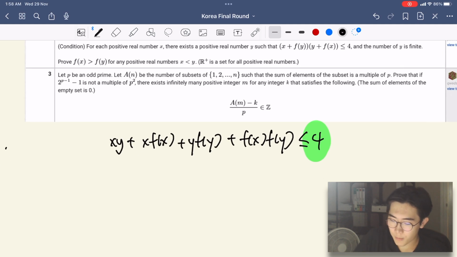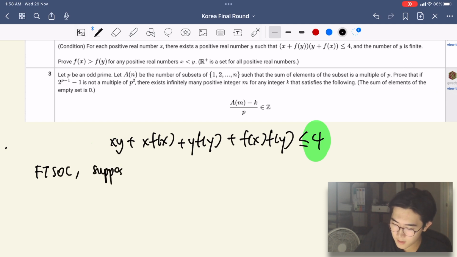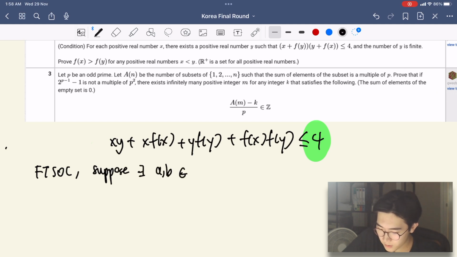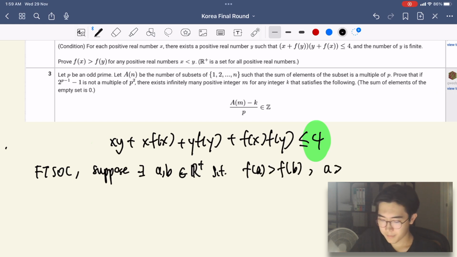So my first step was, for the sake of contradiction, suppose there exist A and B which belong to the positive reals such that f(A) is larger than f(B), A larger than B. Throughout the proof, I'll assume that there exists such a pair A and B, and I'll show that if such a pair exists, then it's rather problematic.